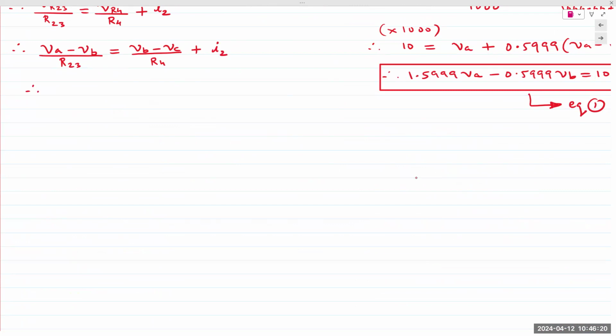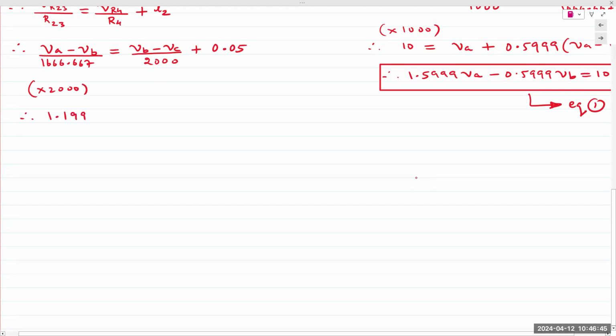Now, actually, you know what? Let me go ahead and do it now. So I2 is 0.05. R23 is 1666.667. R4 is 2000. So this time I will multiply the equation by 2000. That gives me 1.199 times VA minus VB equals VB plus 100.